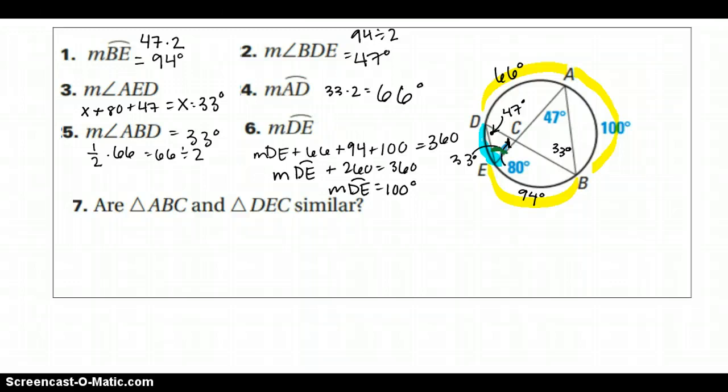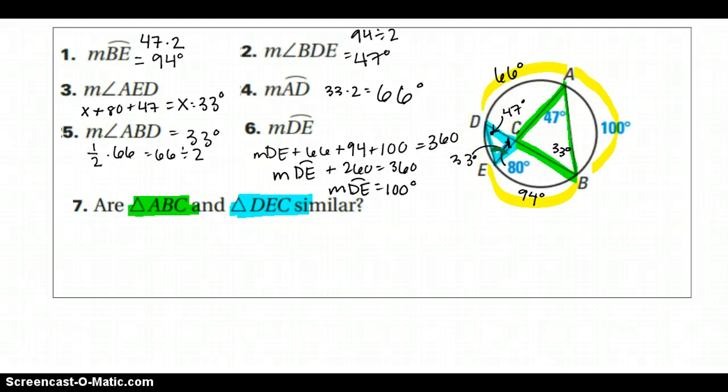Last question, it asked, are triangles ABC and triangle DEC similar? So let's find these on our circle. So triangle ABC is this triangle here, and triangle DEC is this triangle here.